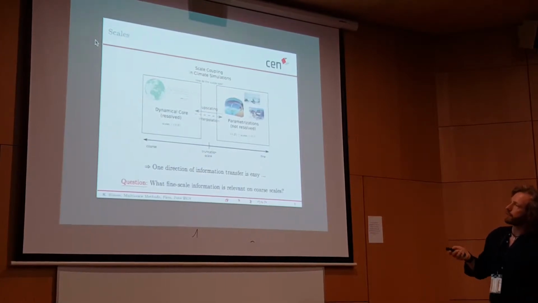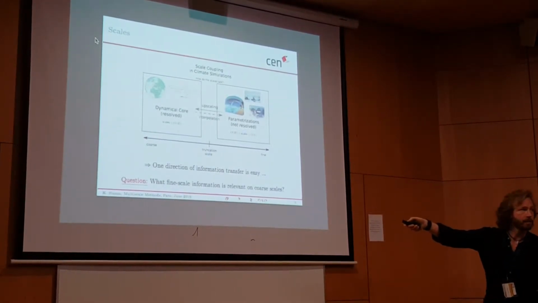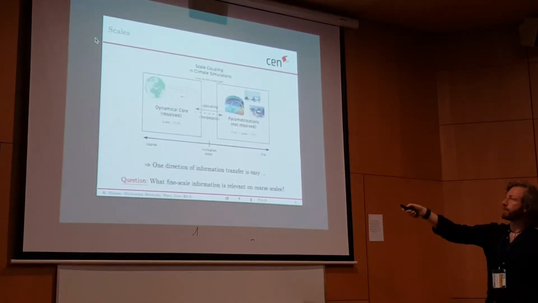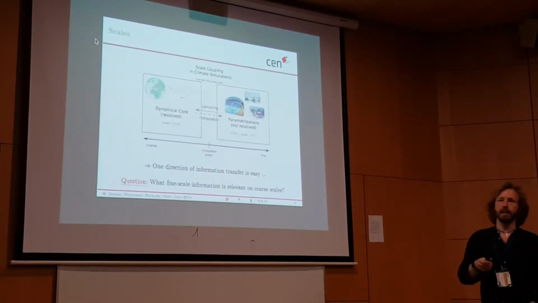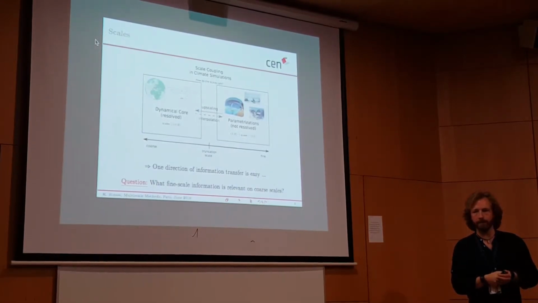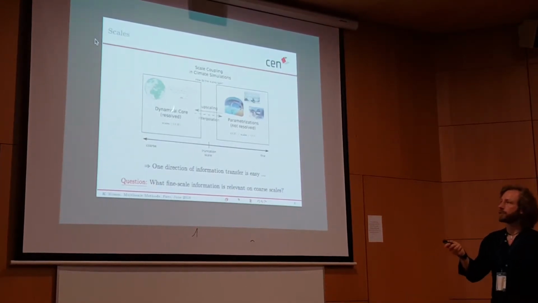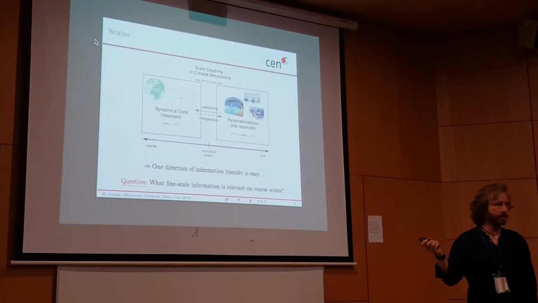And everything that you cannot resolve on this dynamical core, that usually works on a core scale of order capital H, I don't know if you can see that from the back of the room, everything that you cannot resolve is put into so-called parametrizations. So these are inherently subscale processes that somehow enter quantities that live on the dynamical core. And these two scales, the resolved and the non-resolved, have to talk to each other somehow.